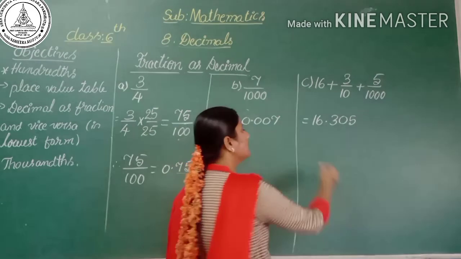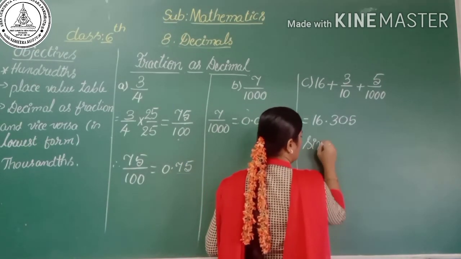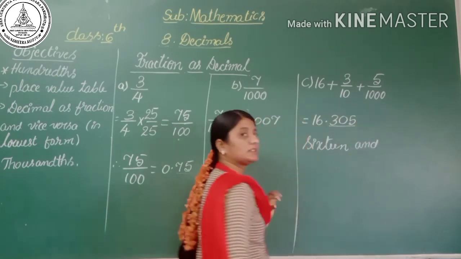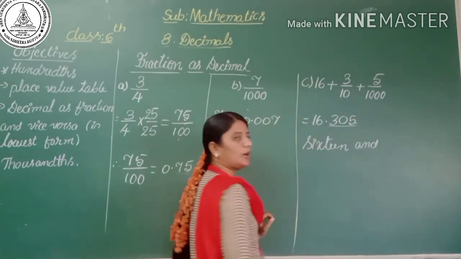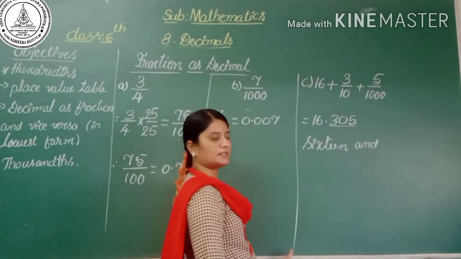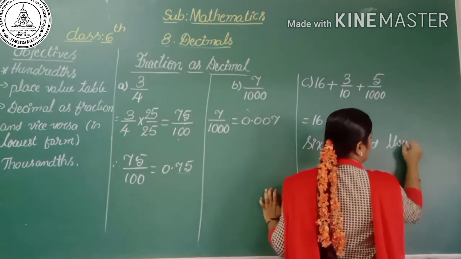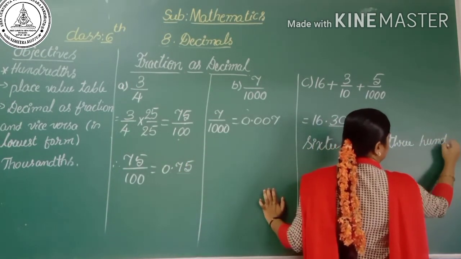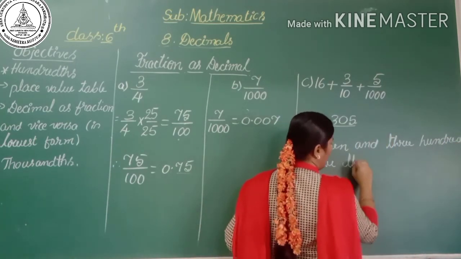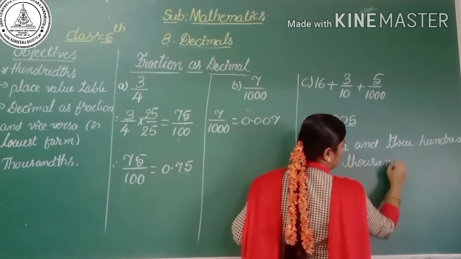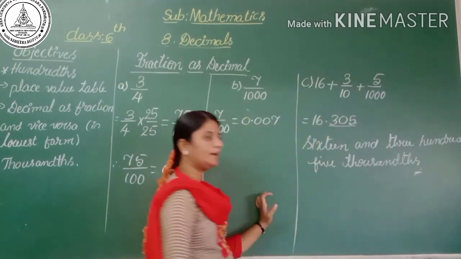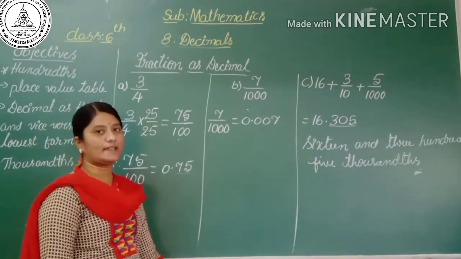How can we say it? 16 and 305 thousandths. 5 is in the thousandths place, it is the last place, so we can say it as 305 thousandths. Okay. Is it clear? Let's see some more examples.